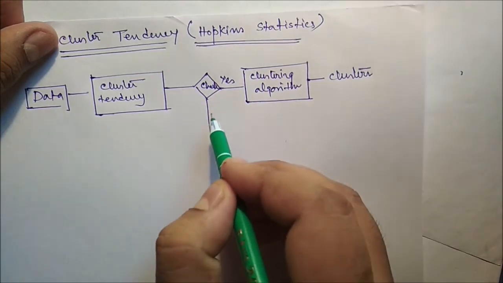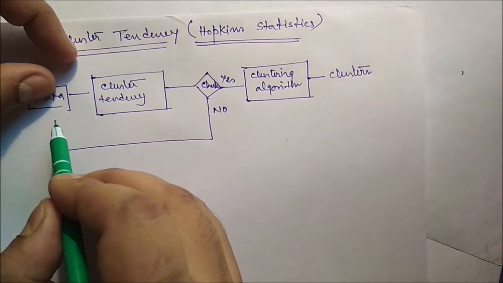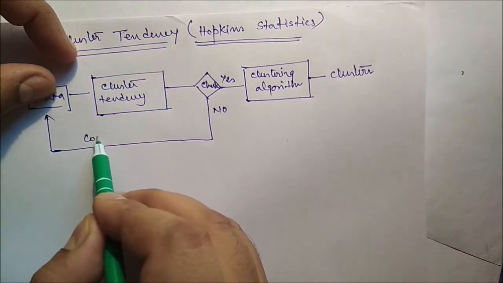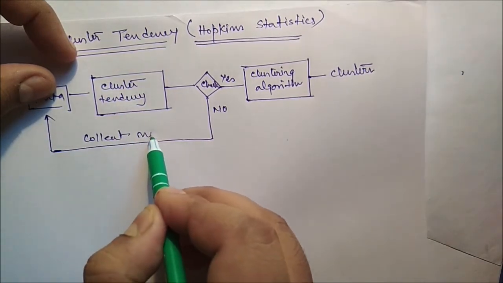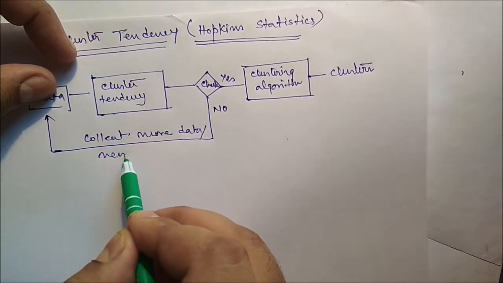If it is no, nothing is there, then we have to collect more data or a new set of data.